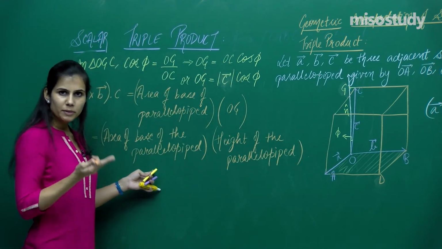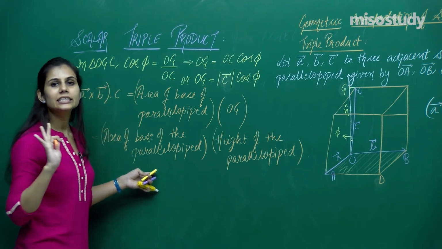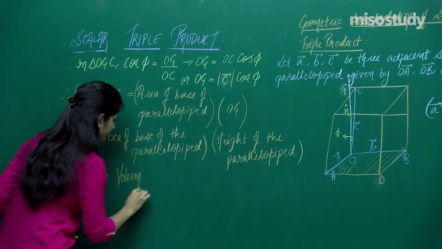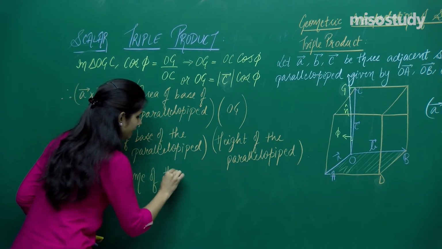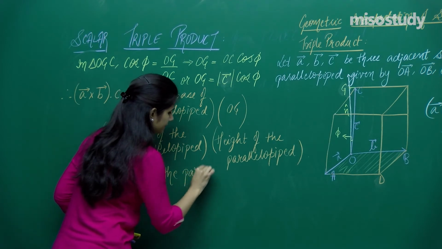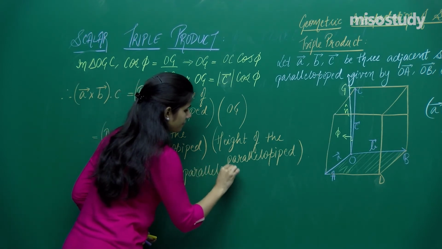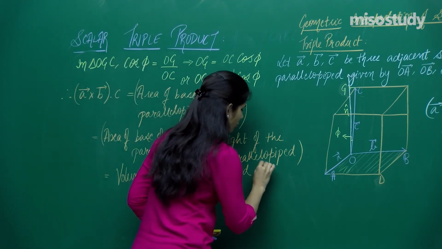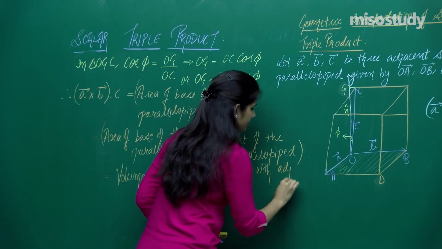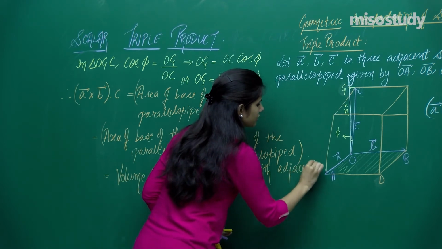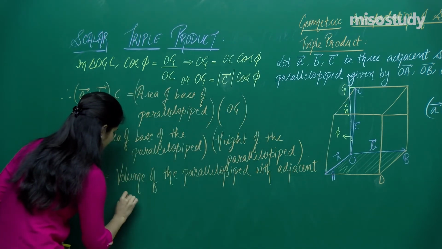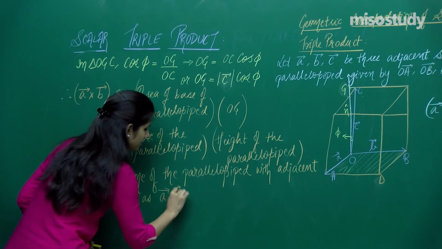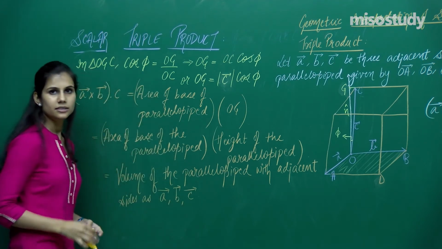Area of the base of the parallelopiped multiplied by the height gives you nothing but the volume of the parallelopiped with adjacent sides, as you can see in the figure, as A vector, B vector and C vector.